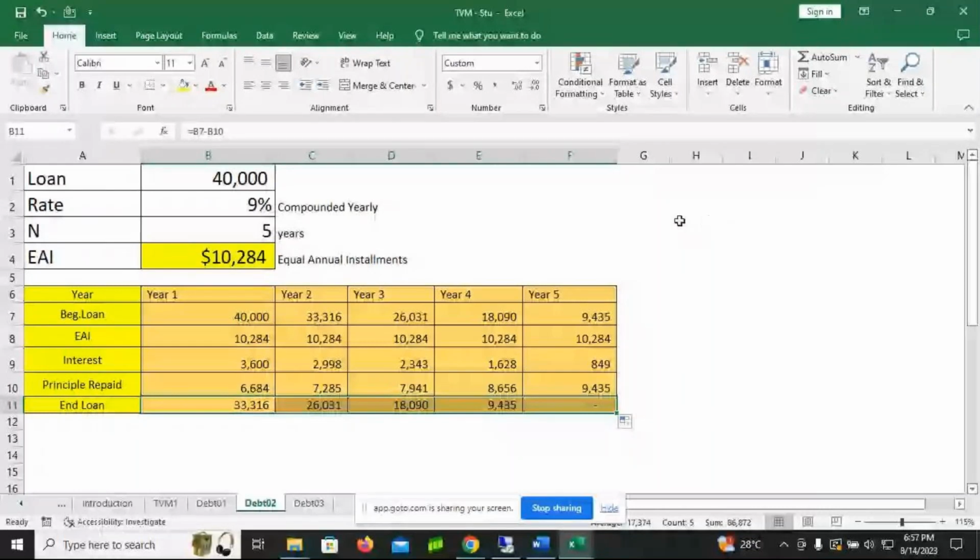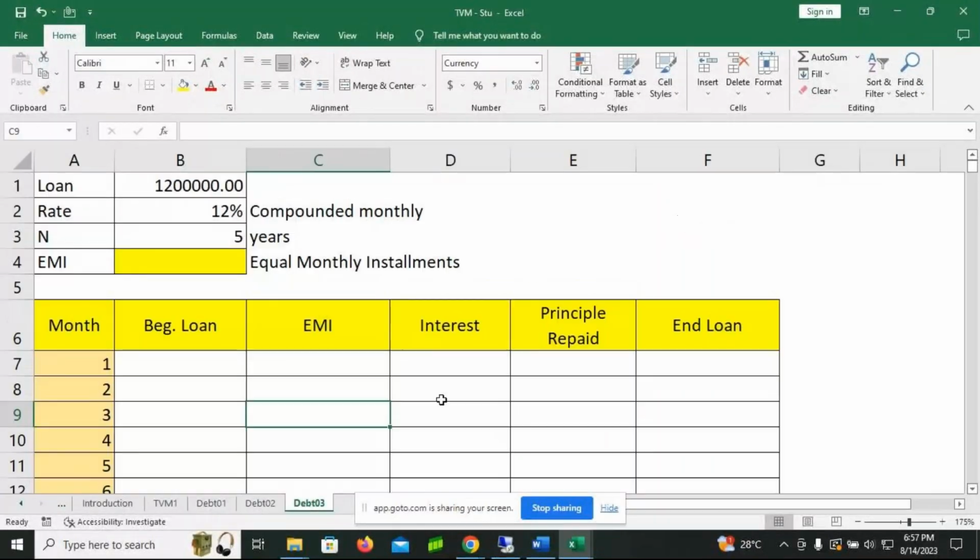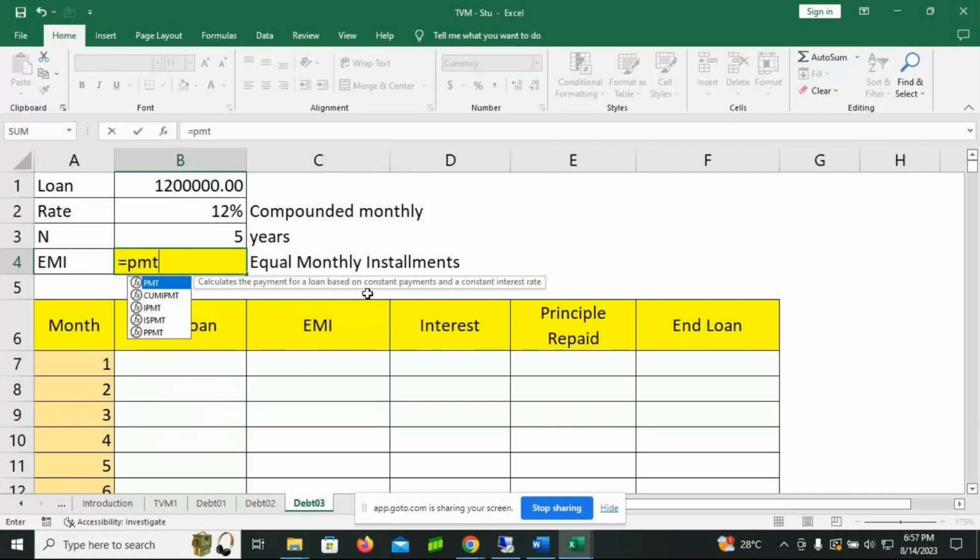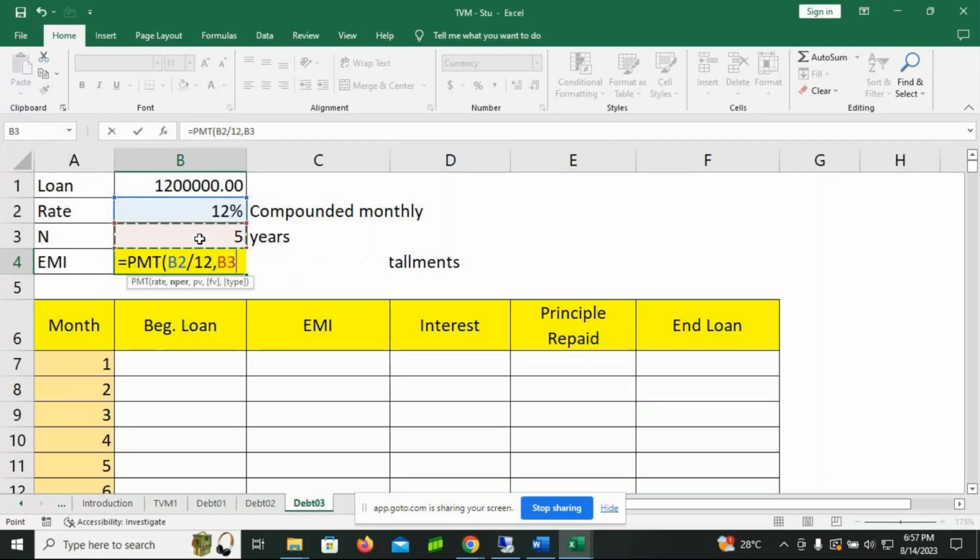So let's go to the next one. Here the loan amount is 12 lakh, which is compounded monthly. I need to calculate the EMI, which is equal to PMT. Open the parenthesis: rate is 12% divided by 12, comma, N per multiplied by 12, comma, loan, 0, 0, end of the period.